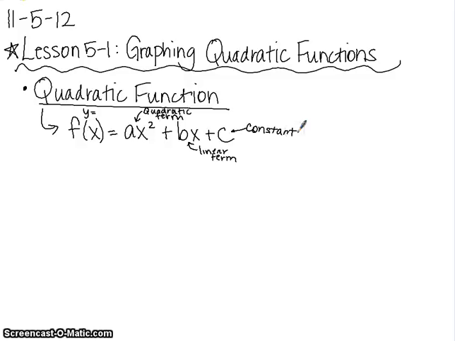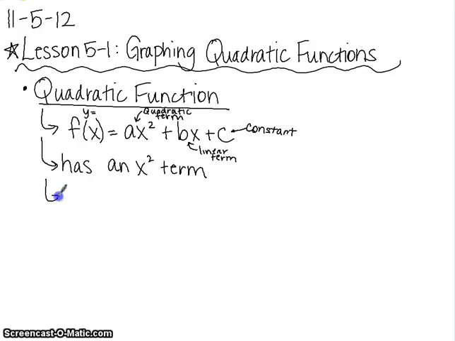Okay? Now, what makes a quadratic function special? Well, the defining characteristic of a quadratic function is that it has an x² term. Okay, that's what makes it quadratic. You're going to see some x² terms.